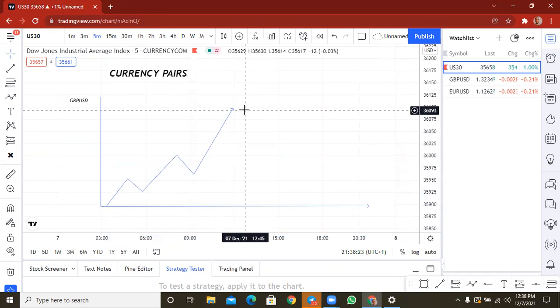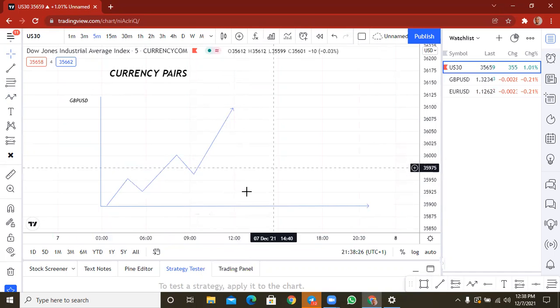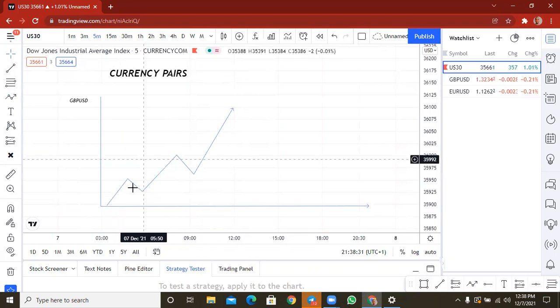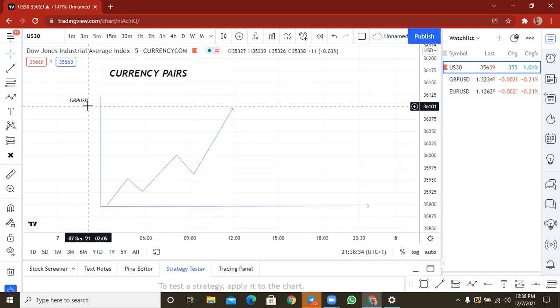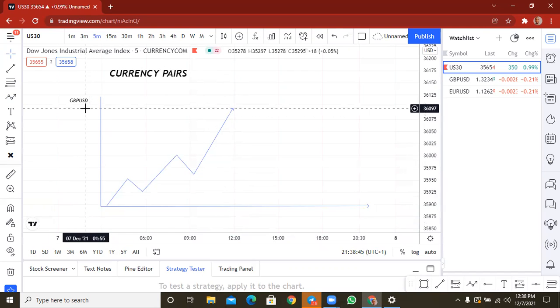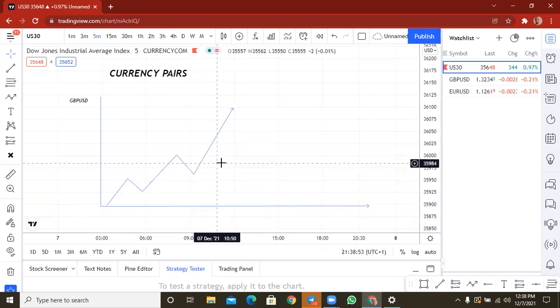So, right here, looking at this chart, and they tell you that this chart represents GBP USD. This simply means this whole graphic here is trying to represent the value of GBP, which is pounds, in respect to the US dollar. It means this chart representation here is trying to represent the value of pounds with respect to the US dollar.